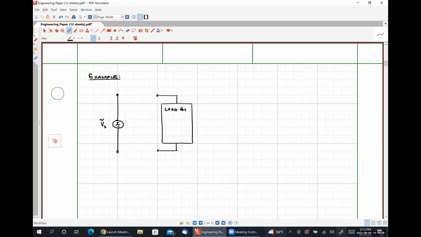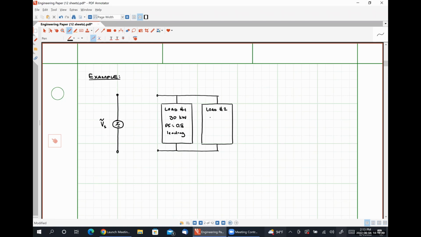Let's look at load number 1. And we are told that it is absorbing 30 kilowatts at a power factor of 0.8 leading. We're going to have a second load over here. Call this load number 2.